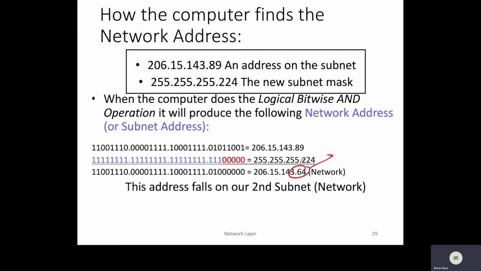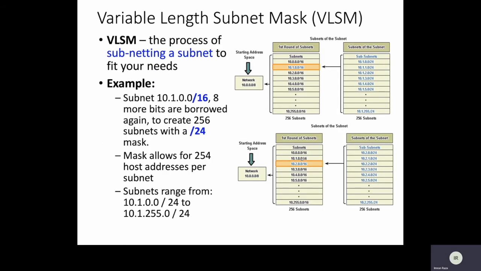All right. Since we have talked about fixed length subnet masking, let's talk about variable length subnet masking. The problem with fixed length subnet masking is that we are assigning a fixed number of nodes to a subnet, regardless of its requirement. For example, in our problem, every subnet needs to have 35 nodes.